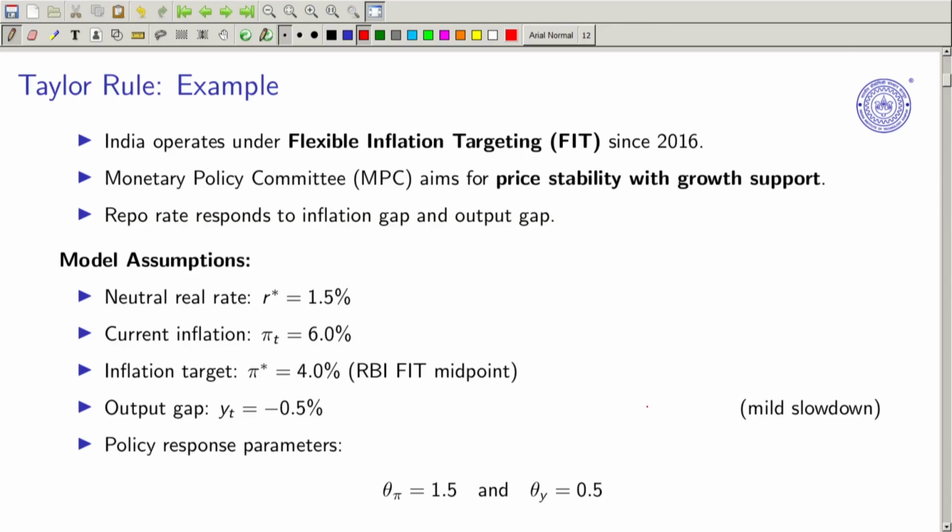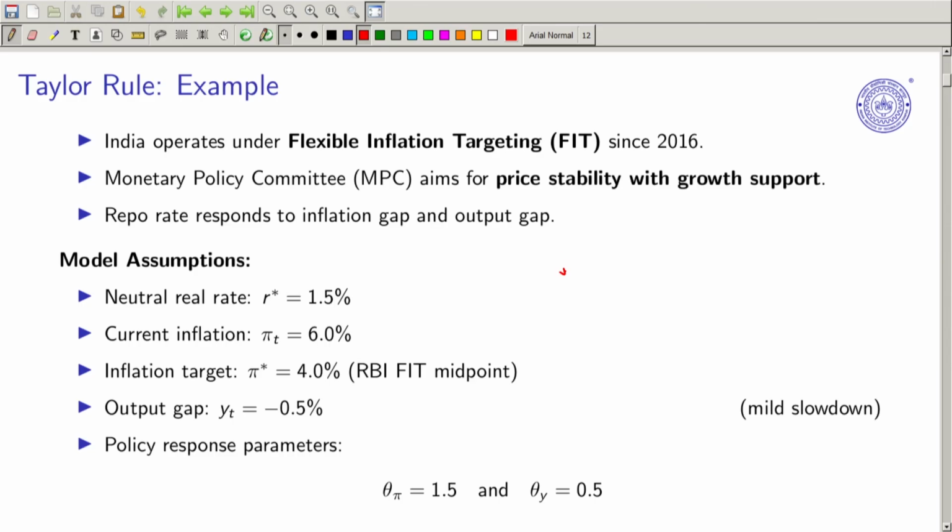So if we have theta pi equal to 1.5 and theta y equal to 0.5, and given these numbers, suppose the neutral real rate appears to be 1.5%, current inflation is 6%, and the inflation target is 4%, and the output gap we see is negative. What is the meaning of negative output gap?